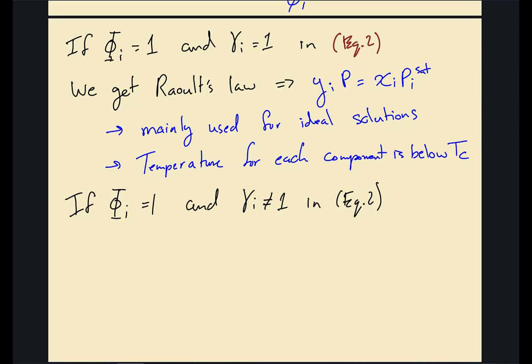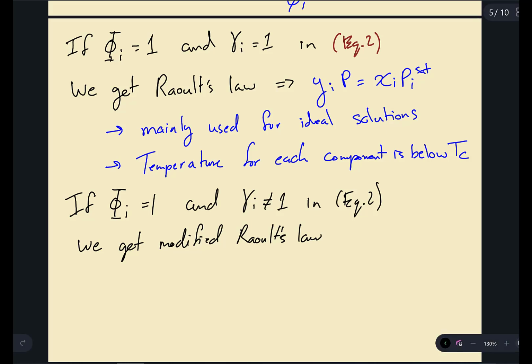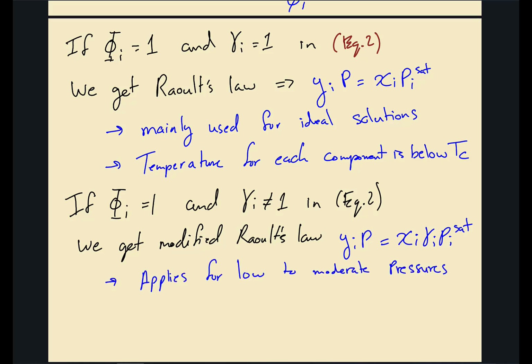We get the modified Raoult's law, which is y_i P equals x_i times the activity coefficient times P_i^sat. This applies for low to moderate pressures, and it works well for a variety of systems.